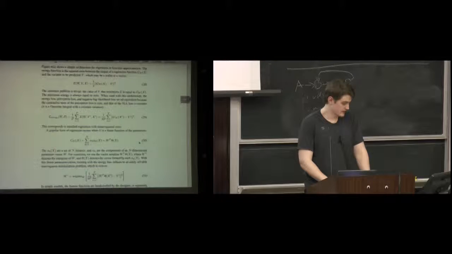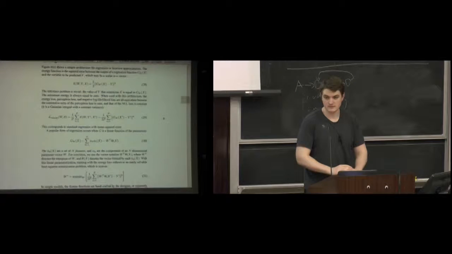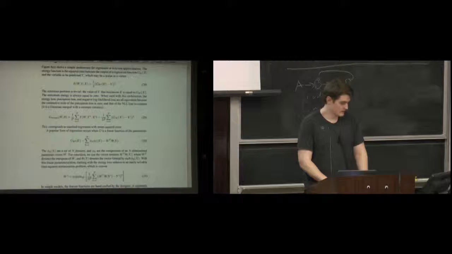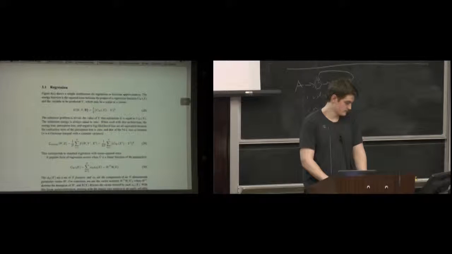So for example, regression, right? Just regular regression. The energy is defined to be a matrix, like this G_W function. It's just a matrix multiplied with X. Oh, sorry, this is the energy function.